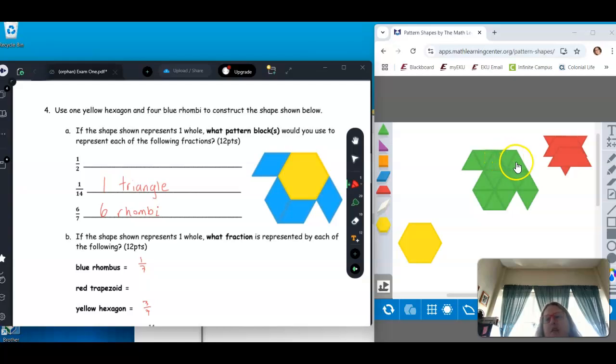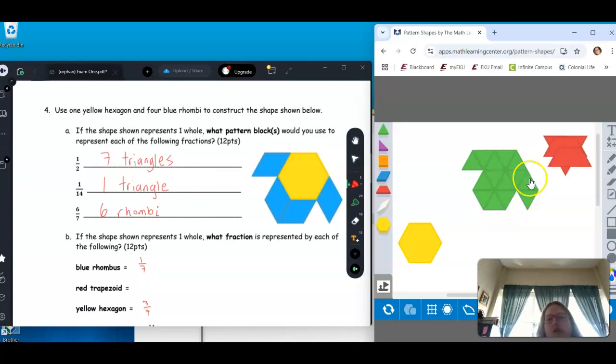You can visually see that, looking at this half of the shape, half of 14 triangles would be 7 triangles. You can see how that takes half of the whole. Again, that's not the only correct answer, but it's a good correct answer for that one.